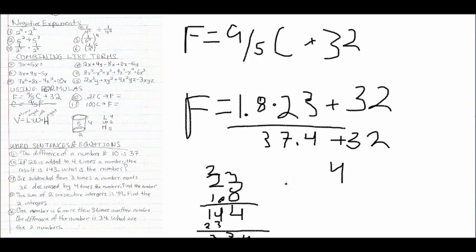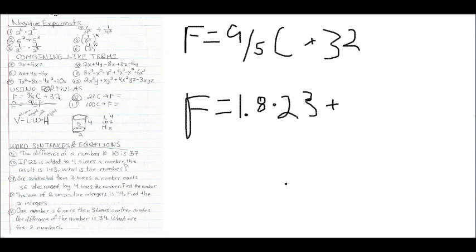Plus 32. When we add them together, we get 73.4 as the answer.